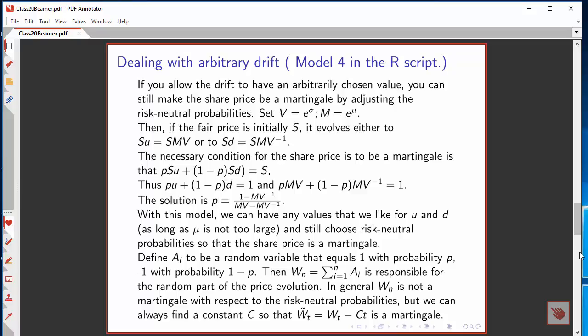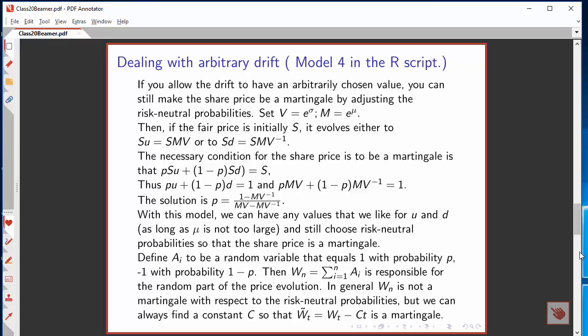And it's the sum of these variables that is responsible for the exponent. It gives us the random part of the price evolution, while the drift gives us a non-random part. And it turns out that in general, this w sub n is not a martingale. It will only be a martingale if p equals 1/2.